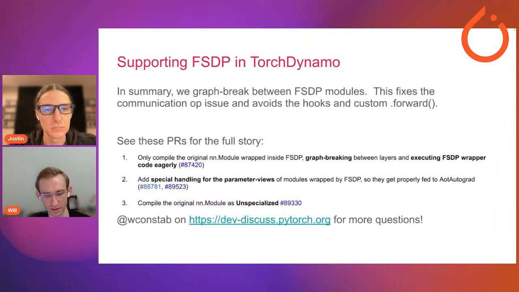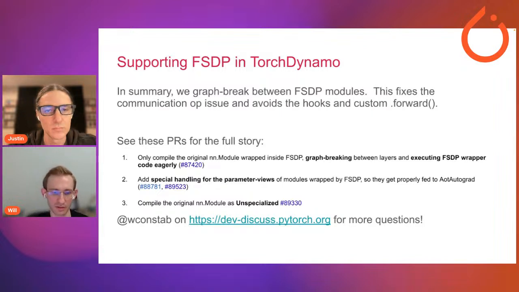All of this was a little bit more involved to get working than DDP. But if you want to see the full story of how it works, there's a stack of 4 PRs down below, and there are some illustrations and nitty-gritty details there. The summary is that we have to graph break between FSDP modules, and that unblocks a lot of these issues.